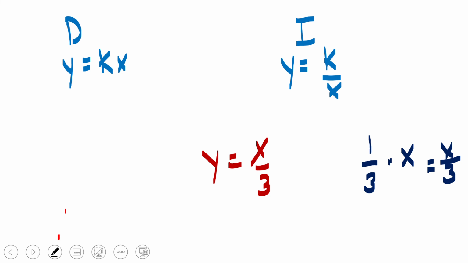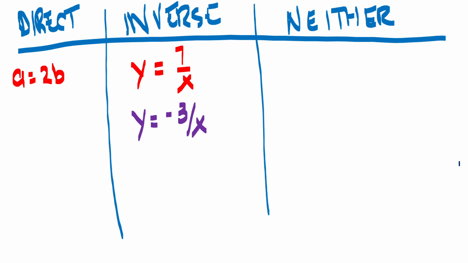So if k is a fraction, it kind of mimics the inverse formula, but remember that x is in the numerator, which we need for the direct formula. So this is a direct formula equation. Just that k is probably a fraction here.